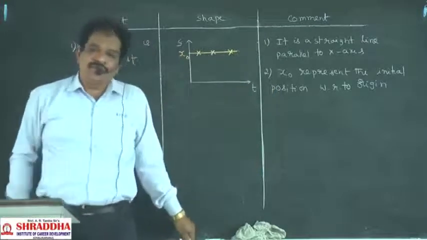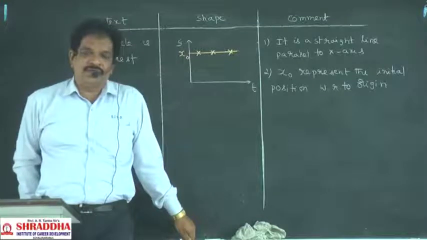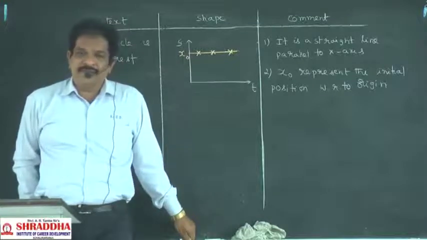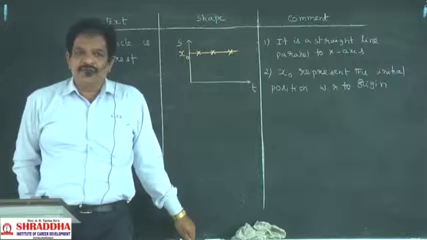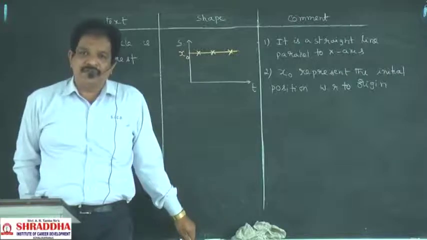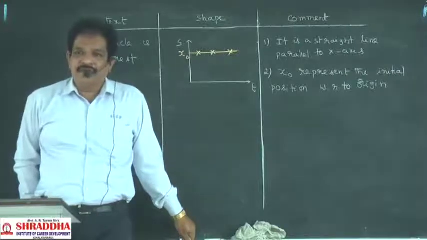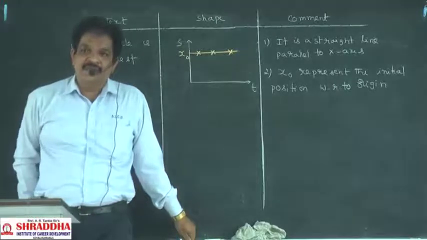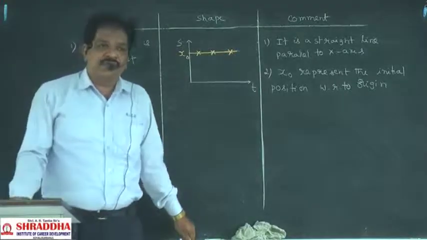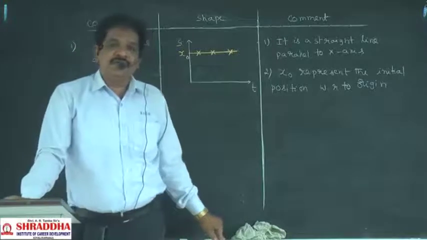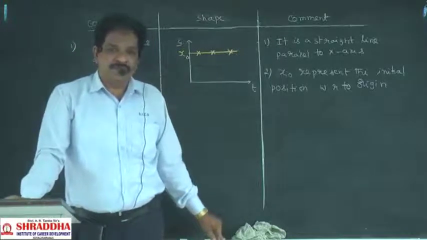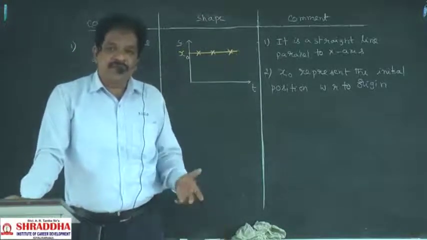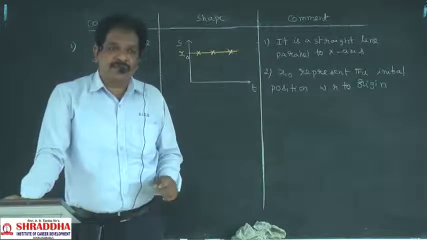So how the process will be there? Try to understand what is displacement time graph. Taking displacement values on the y-axis, time values on the x-axis, if we draw a graph, that graph will be called displacement time graph. What we can understand from the displacement time graph?